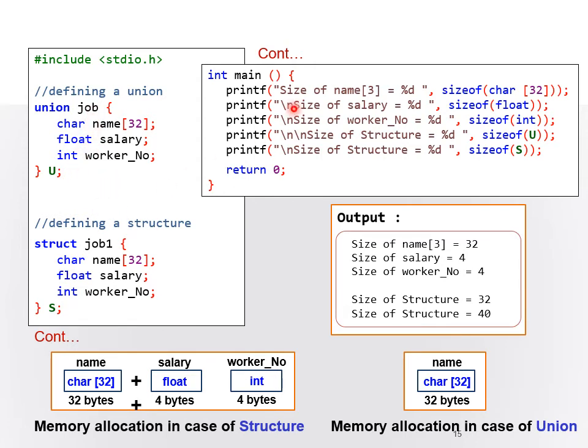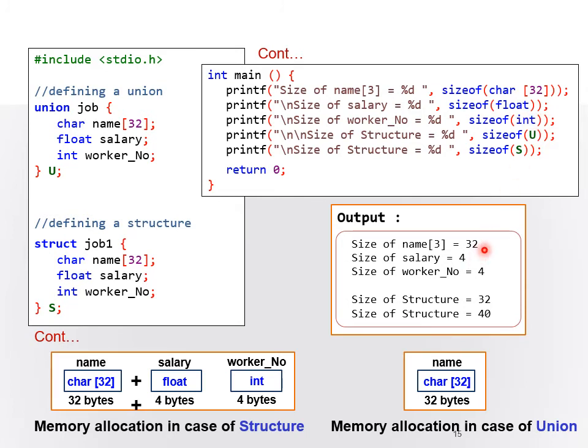Let us see how the memory allocation works, how many bytes are allocated for each type. This is the size of each: character, float, and integer.